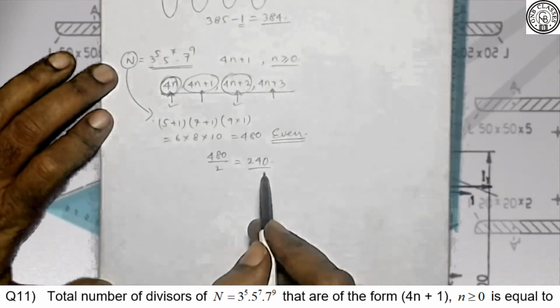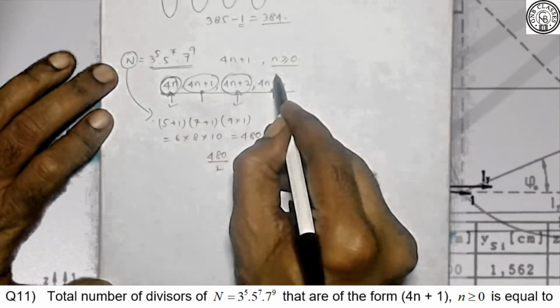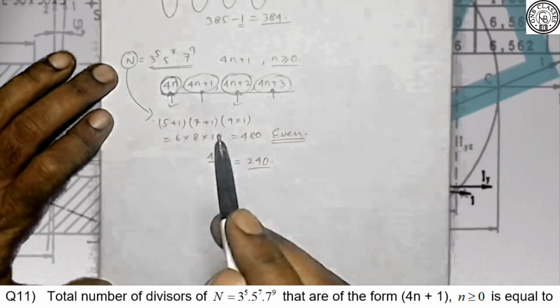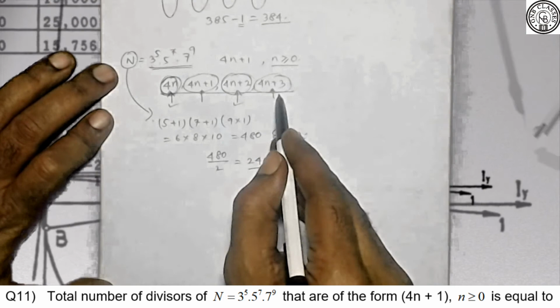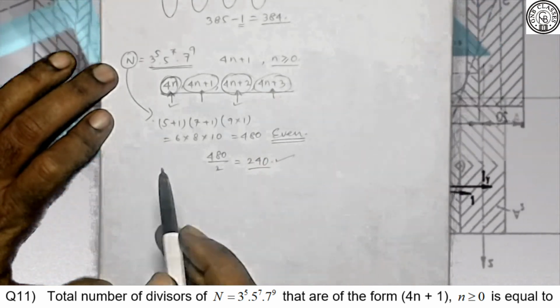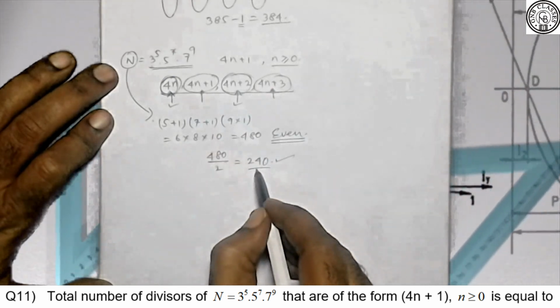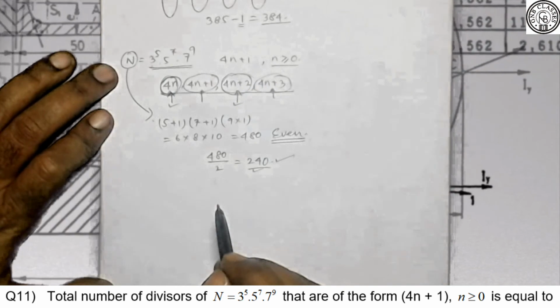Is it clear? If the question would have been, find the factors which are of the form 4n plus 3, in that case also the total number of divisors of the form 4n plus 3 will be 240 again. Okay? So for this question, the divisors which are of the form 4n plus 1 will be 240, hence option D is correct. Is it clear?